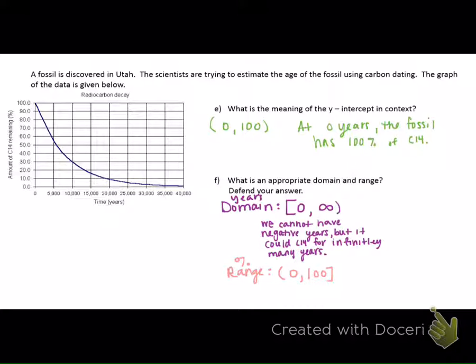So percentages are always between 0 and 100, but we'll never reach 0% because we're doing an exponential, so you're never multiplying by 0. And that's why that's there. All right, what questions do you guys have for me?